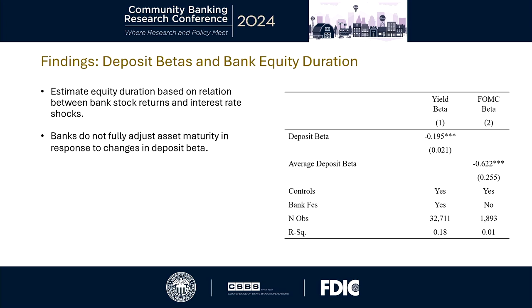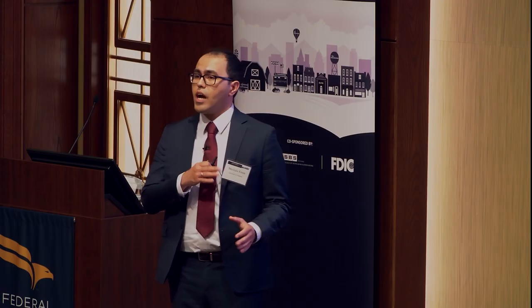And the last thing we look at, we have a number of different tests in the paper, but one thing we document is whether deposit betas are related with the bank's exposure to the duration of the bank equity. And for bank equity, we calculated two different measures. One is yield beta, which is basically calculated looking at stock returns for each bank in a given quarter. And the second one is FOMC beta, which is the bars that I showed earlier.